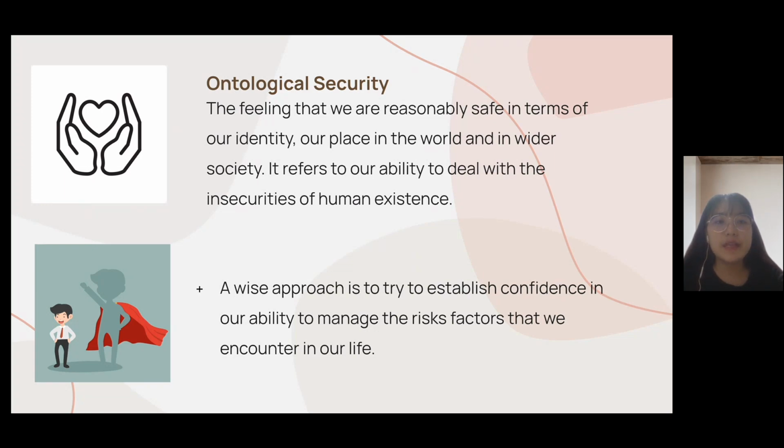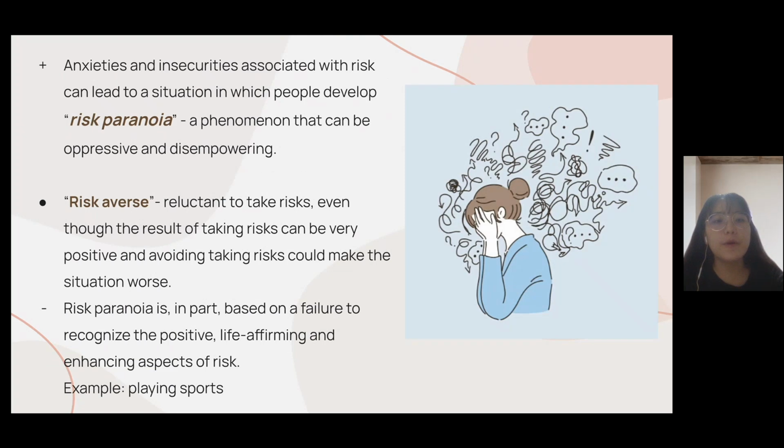Having a sense of security in this case comes from our ability to manage the risk, to deal with life's insecurities rather than naively trying to establish a set of no-risk circumstances. Another important point to consider is that anxiety and insecurities associated with risk can make people develop risk paranoia.